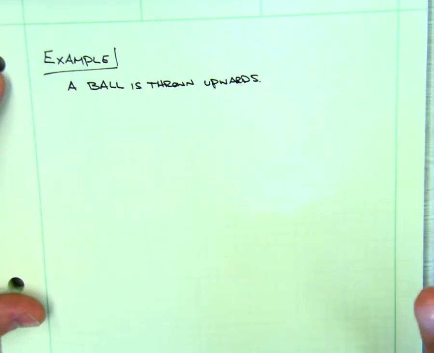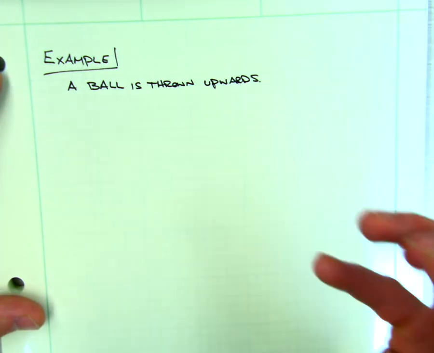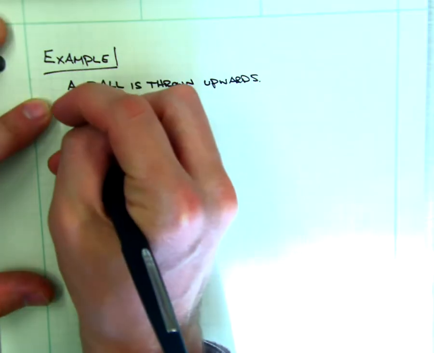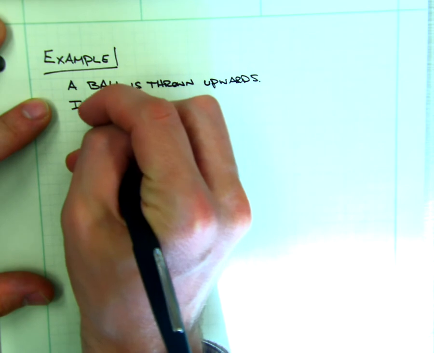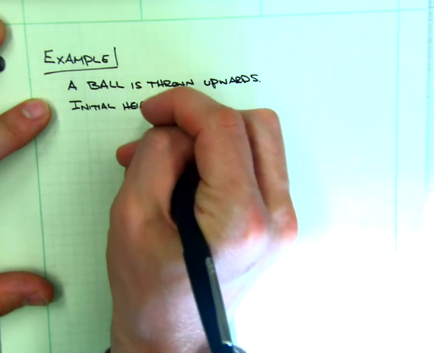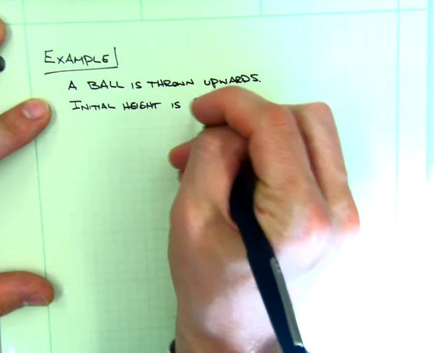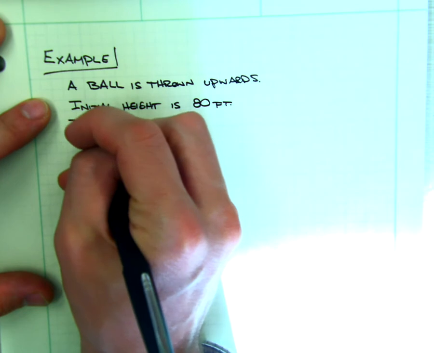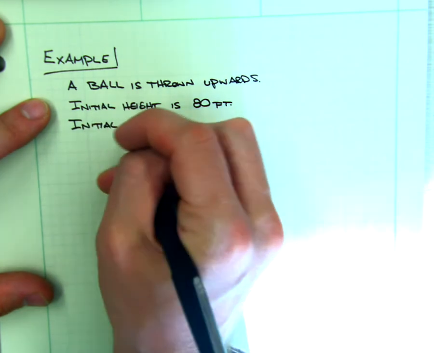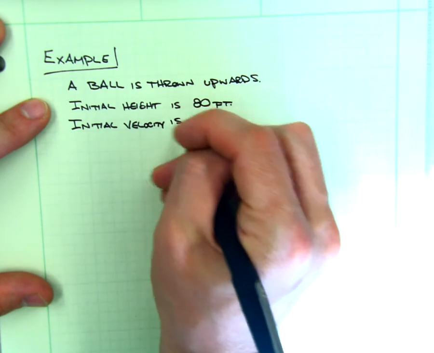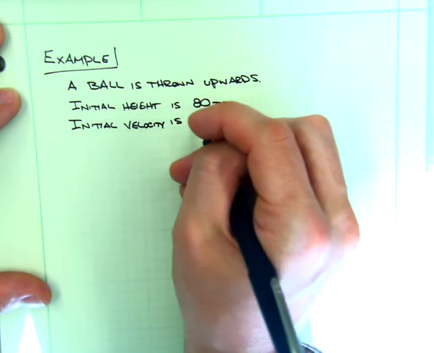I'm not going to throw it all the way down from the ground. It's going to have some initial height, and it's going to have some initial velocity. Okay? So my initial height is 80 feet. My initial velocity is 64 feet per second.